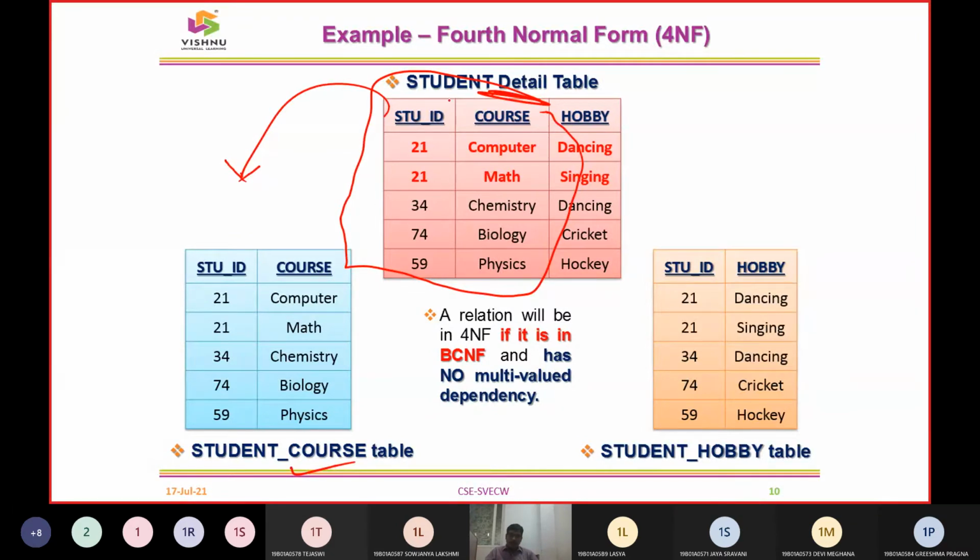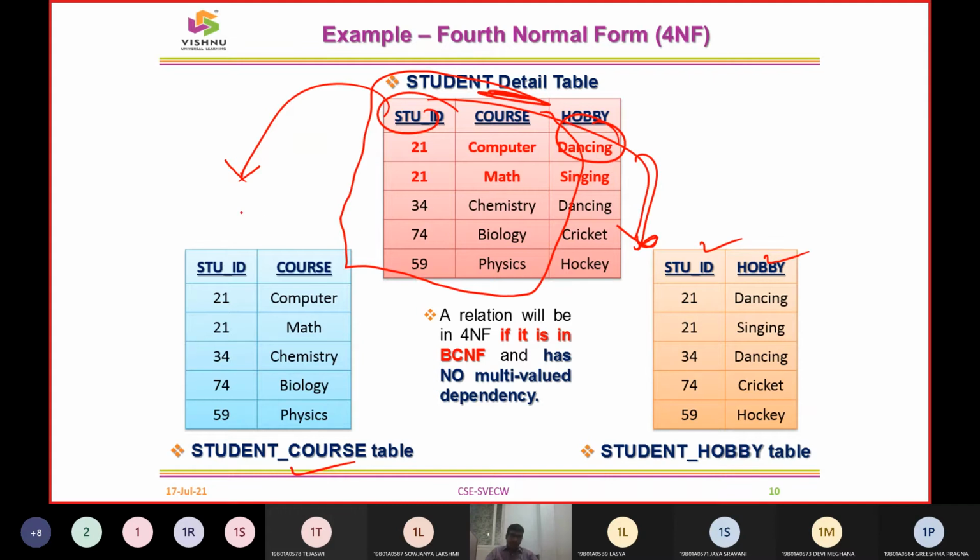Then we take student ID and hobby, and they are pushed into another table.